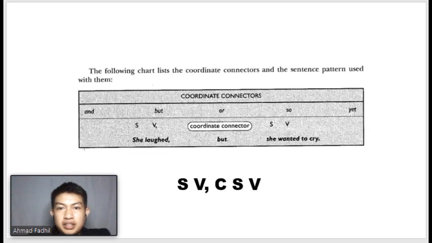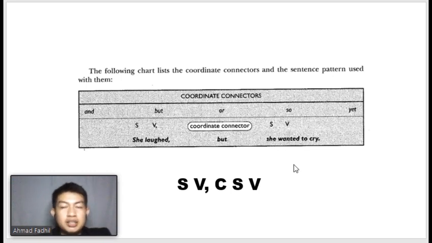We move to another example. Look at this: She laughed, but she wanted to cry. She is the subject, laughed is the verb, and here there is always a comma, then the connector but, she is the second subject, and wanted to cry is the second verb.